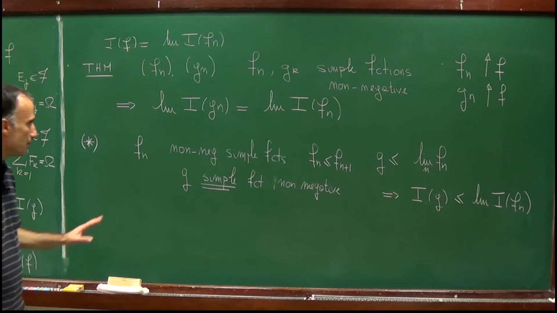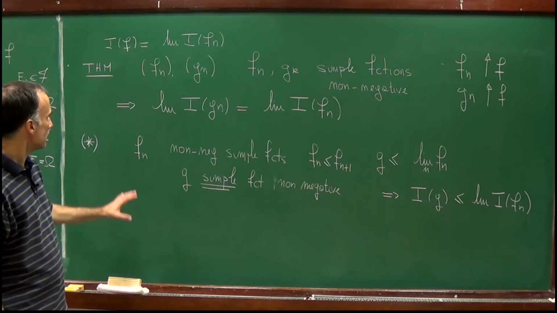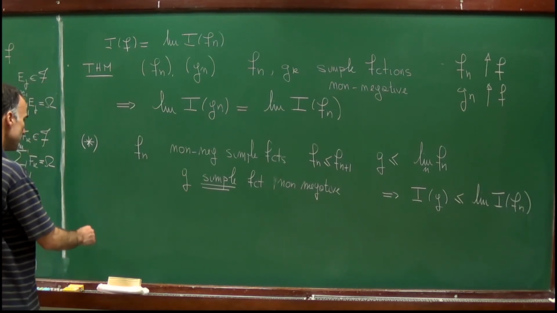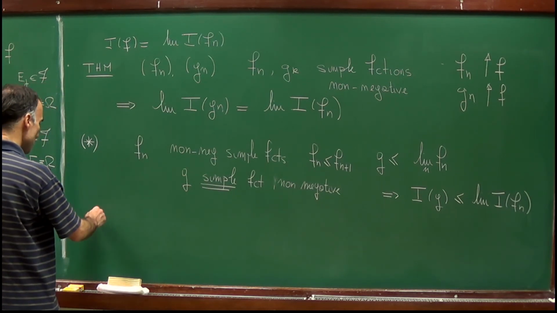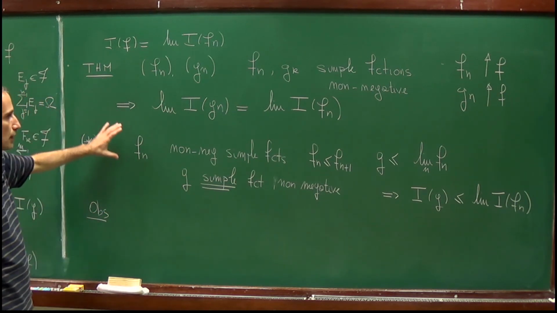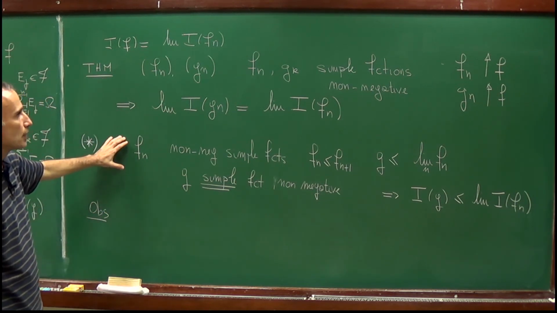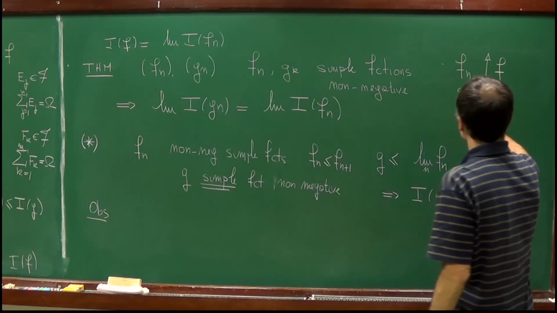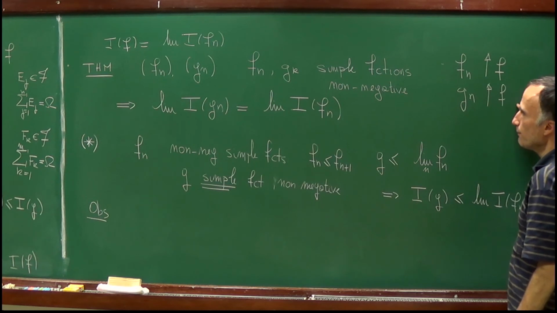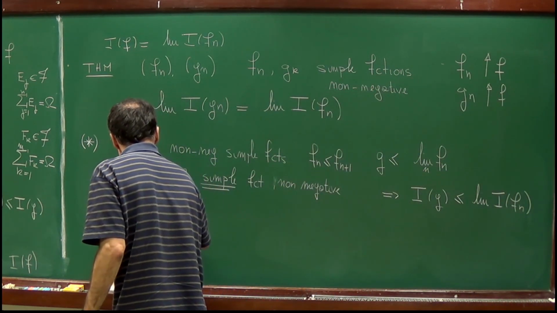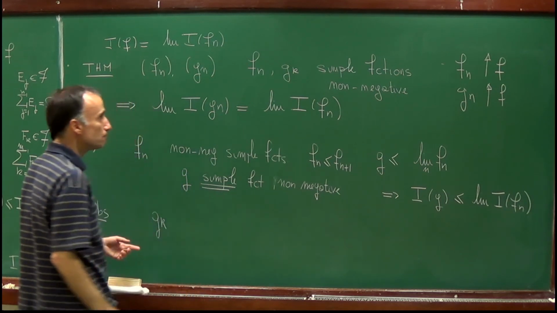And what I claim for the moment is that the theorem is a consequence of this result, and this is very easy. So assume that this statement holds, and recall the assertion of the theorem. So I have here gk, it's a simple function for any k.